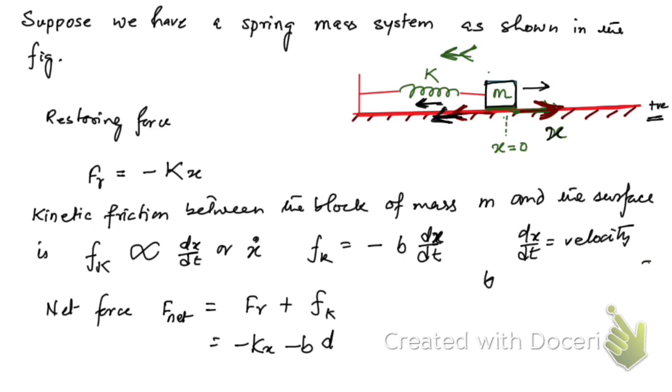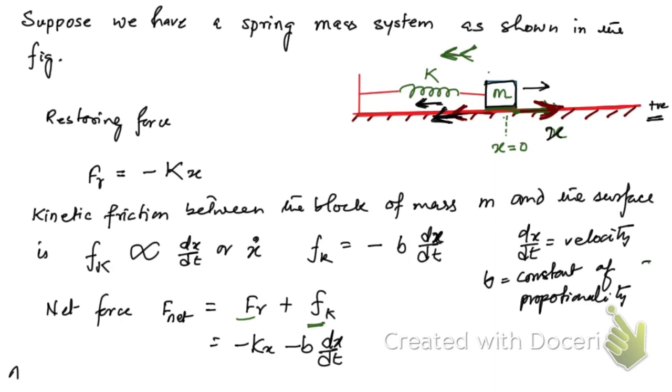Minus b is the constant of proportionality. Now let us put in the value of the frictional force and the restoring force.